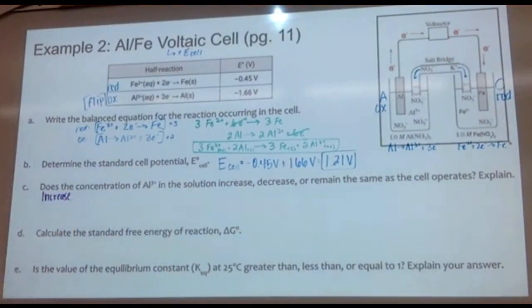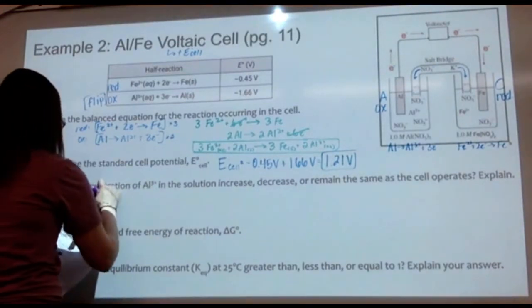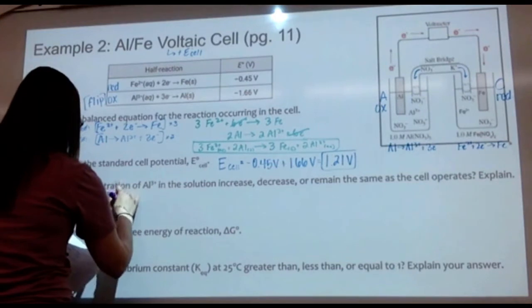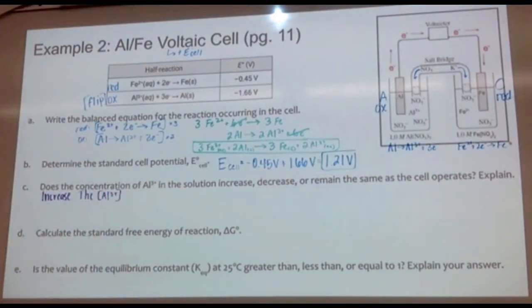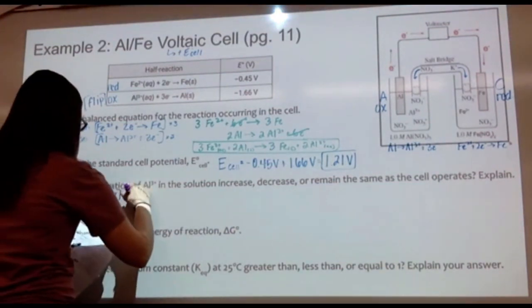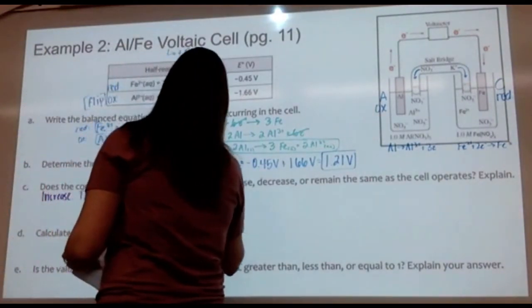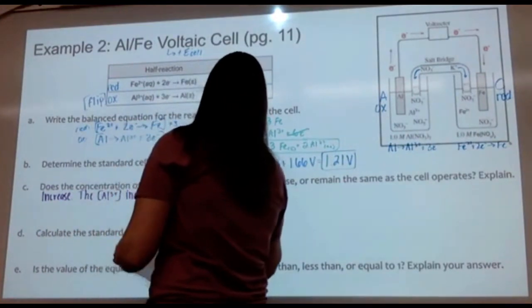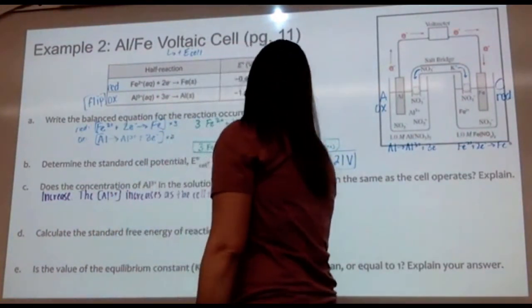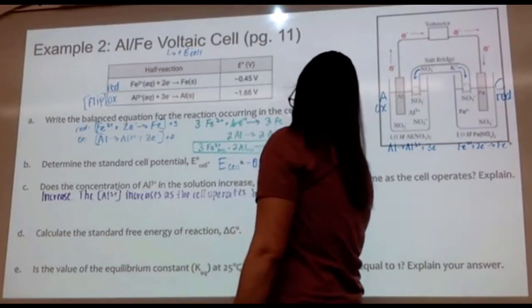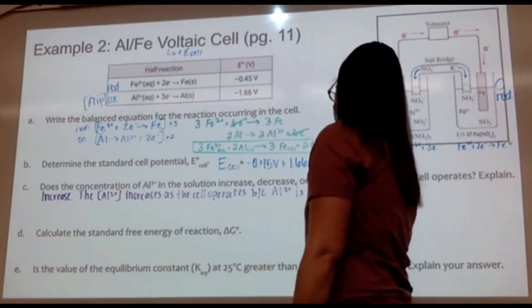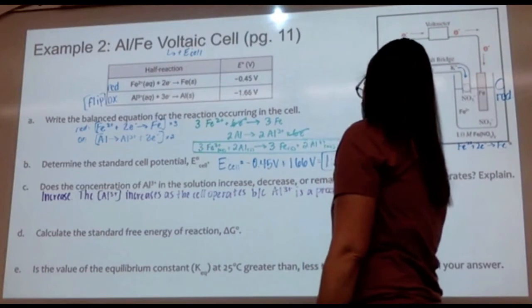Remember, answer the question first and then explain. And if you need to, leave yourself a little bit of space for your answer and do the explanation first. So we'll say the Al3+ concentration, I'm just using shorthand with brackets, increases as the cell operates because Al3+ is a product of oxidation.